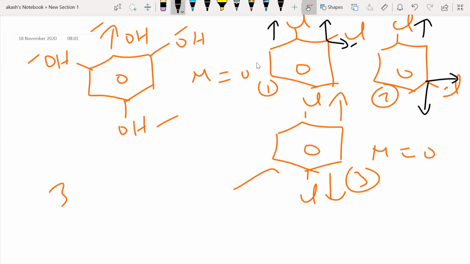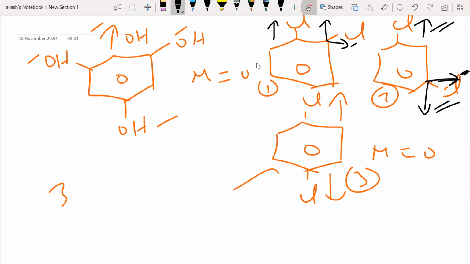So what happens? This has some effect, obviously, right? This particular vector will have some effect again, but this and this will get cancelled out, isn't it? The net result is only towards this side, very small, only half of this. That's how it is, right?